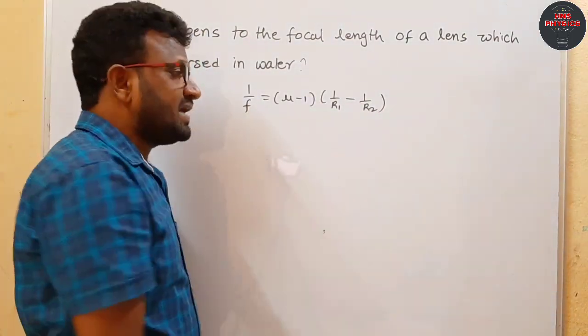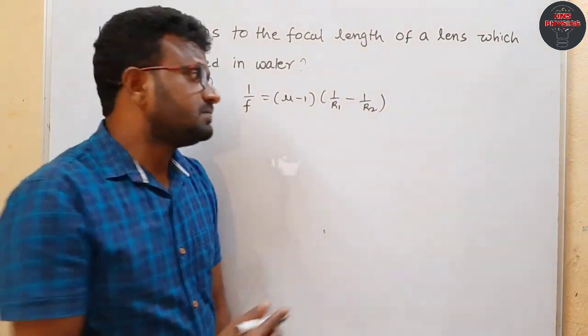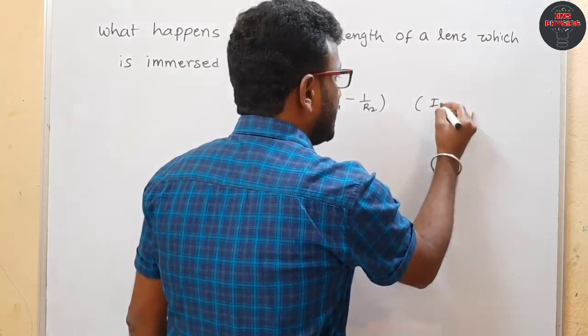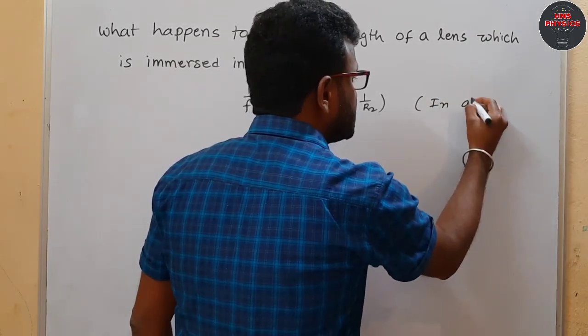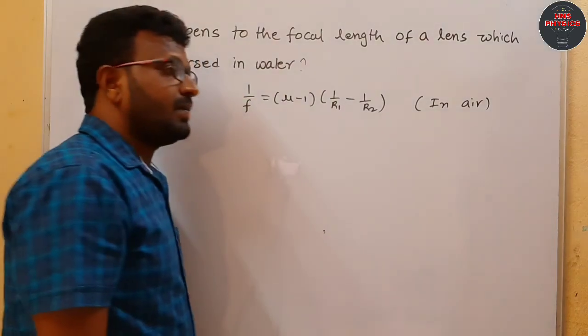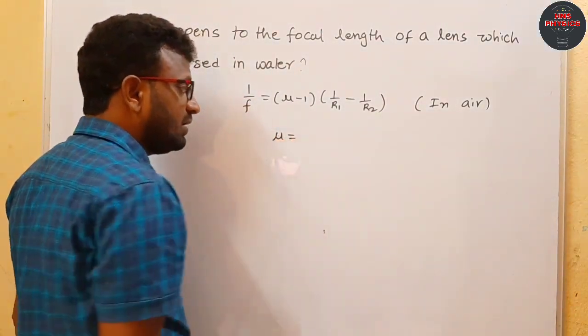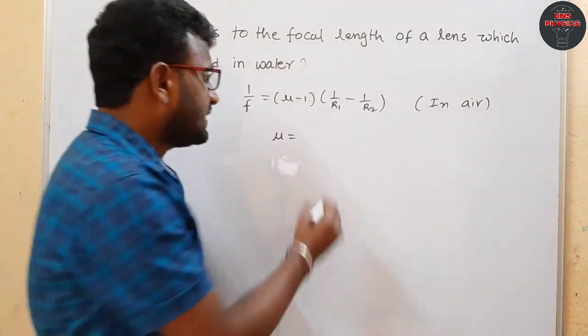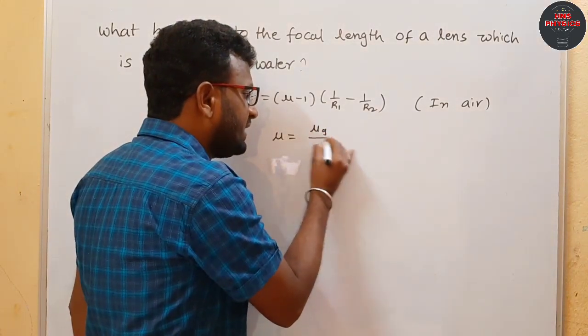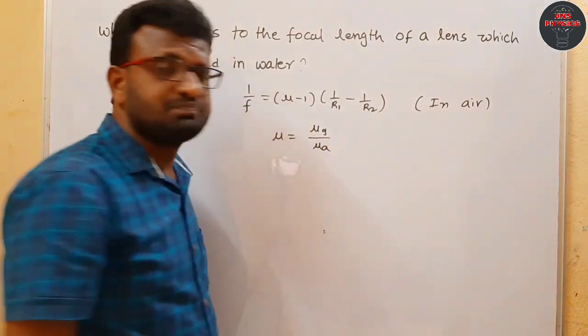When the lens is placed in air, or surrounded by air, we can write the relative refractive index. That is refractive index of glass by refractive index of air.